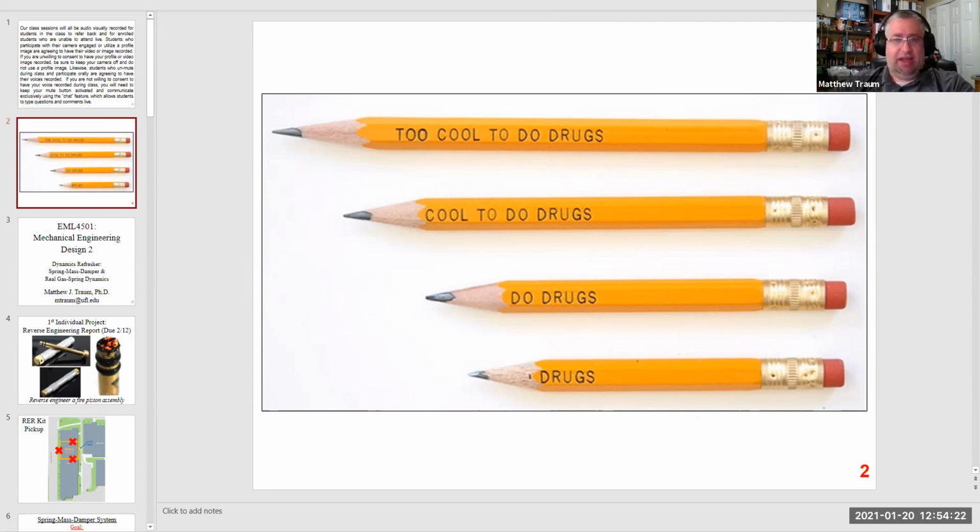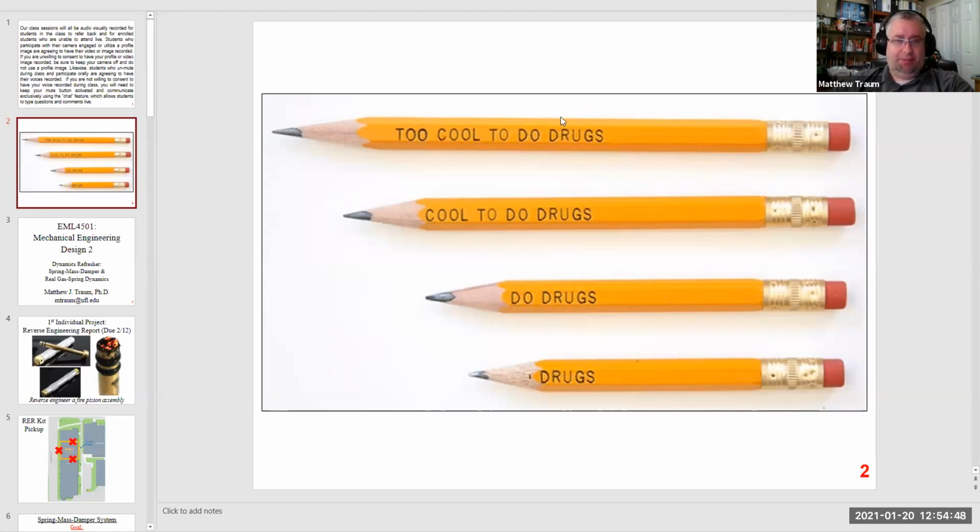To get that message across to students in schools, they generated pencils that had the message "too cool to do drugs" on them. When I was a kid, these came to our school, and what the designers failed to take into consideration is the way the pencils would actually be used by the end users, who are the students.